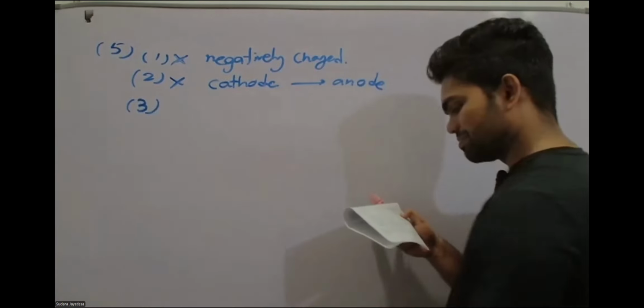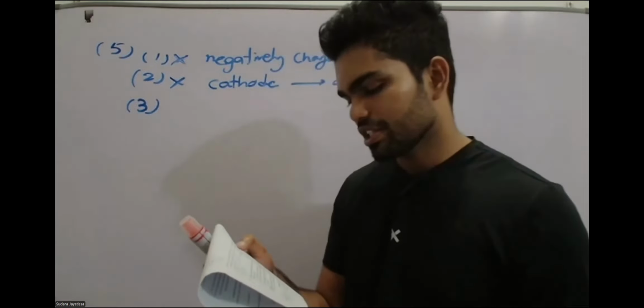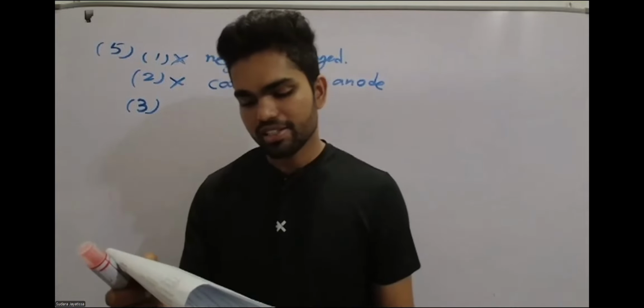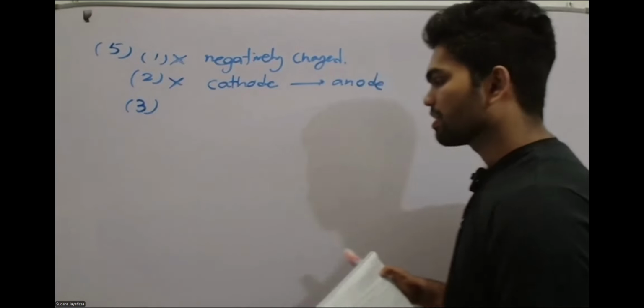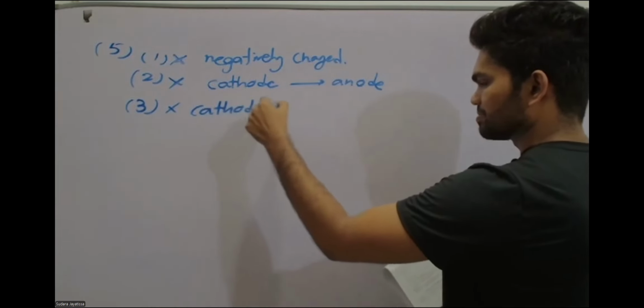So let's see the third one. Their charge to mass ratio, e over m, depends on the nature of the gas and pressure inside the cathode ray tube. So it's wrong. Cathode rays are always electrons.